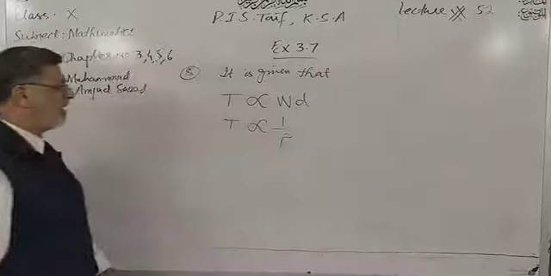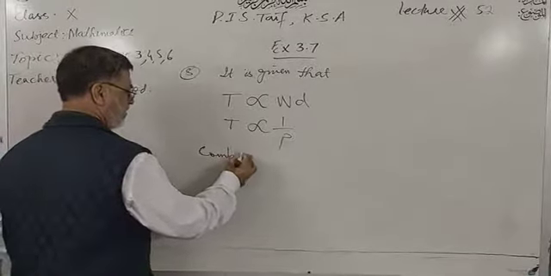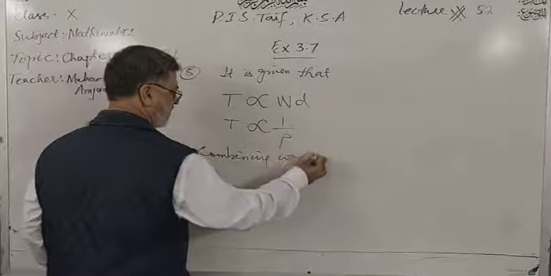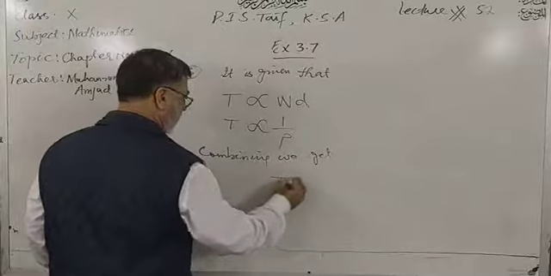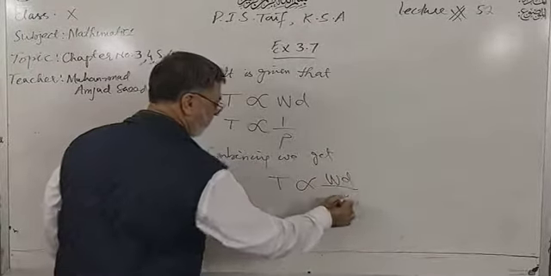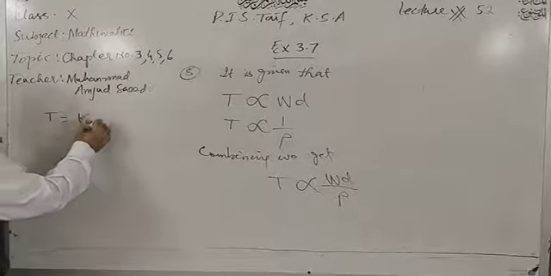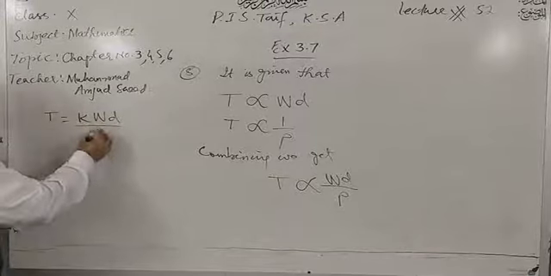Inversely means 1 over p. Combining, we get that t is directly proportional to w d over p, or t is equal to k w d over p.